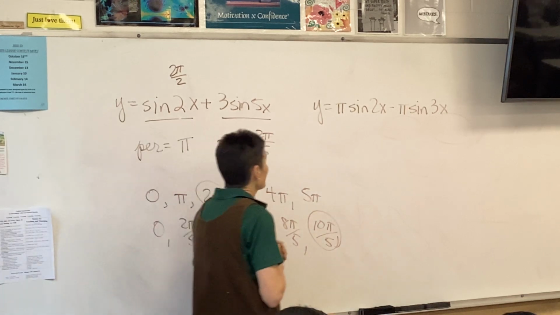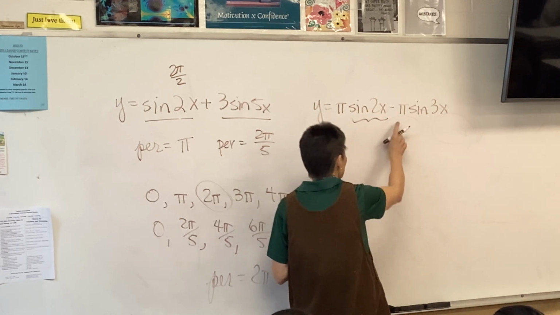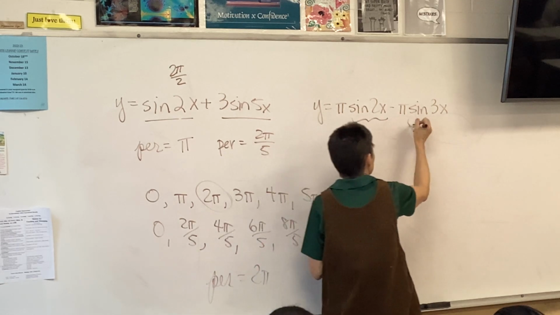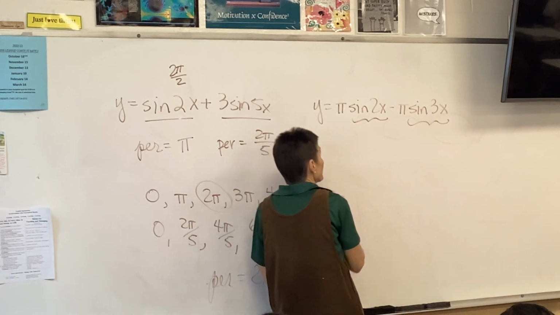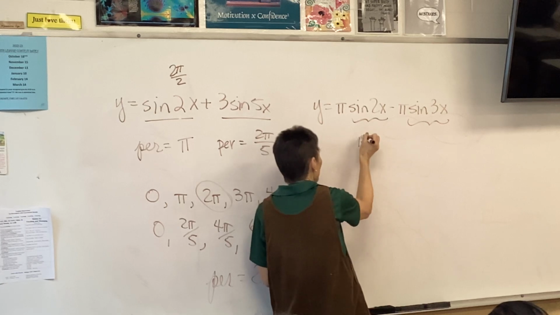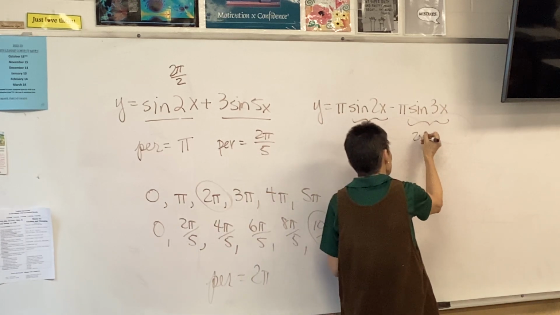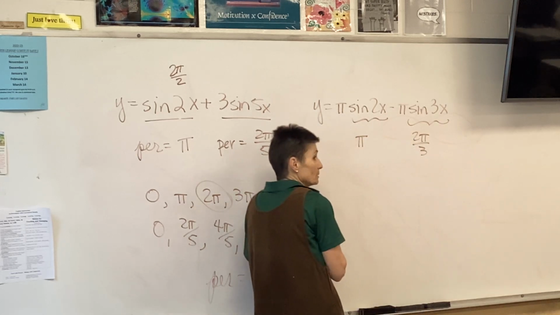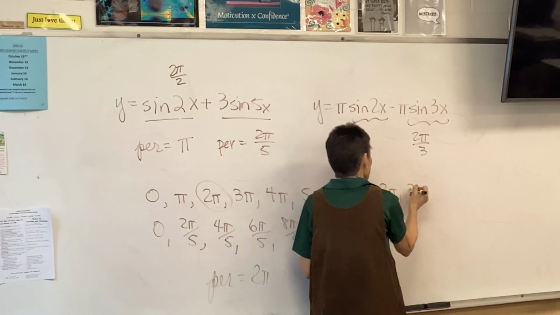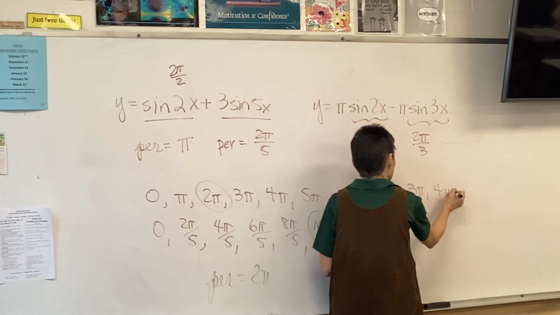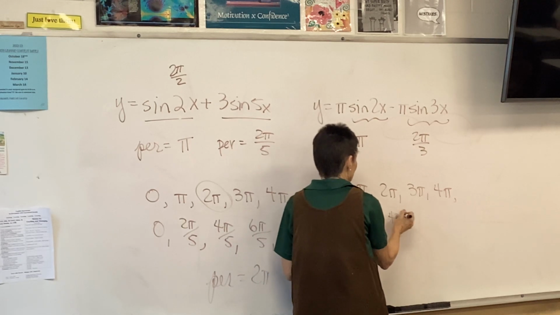All right, how about this one? What's the period? Remember, we don't care about these numbers out in front. All we care about is the period. And the period of this one is 2 pi over 2, or pi. This one is 2 pi over 3. So when's the first time that they both start over fresh? 2 pi, and then 6 pi over 3.